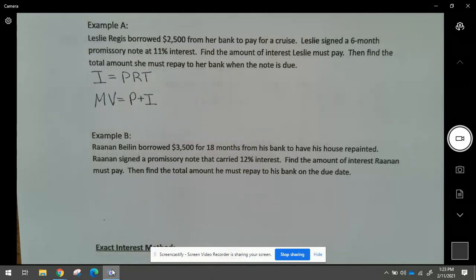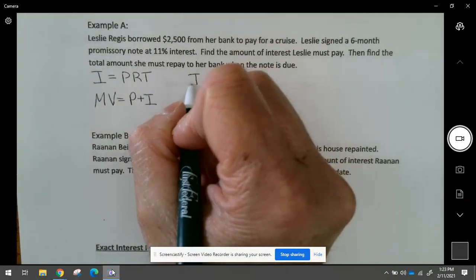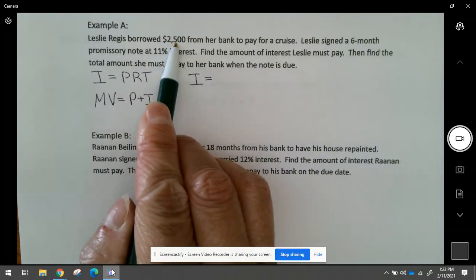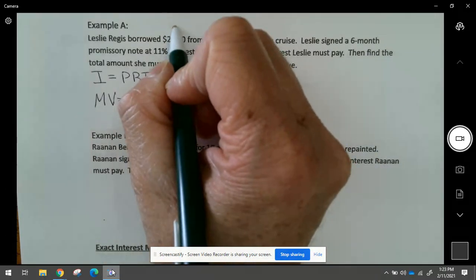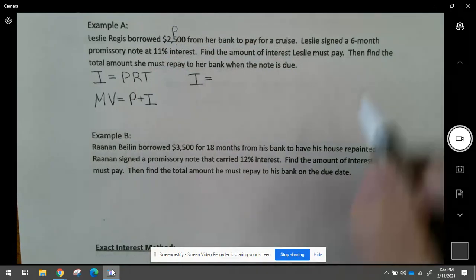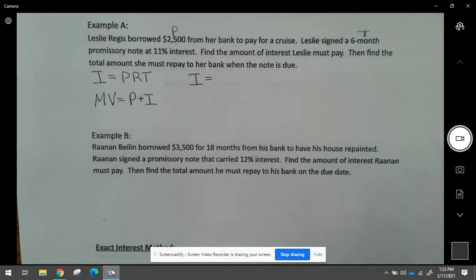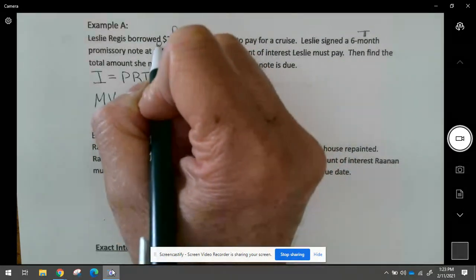Now I'm going to substitute in to these formulas. And you can just go back to the scenario problem. This is our principal, the amount we're borrowing. 6 months is our time, and 11% is our rate.